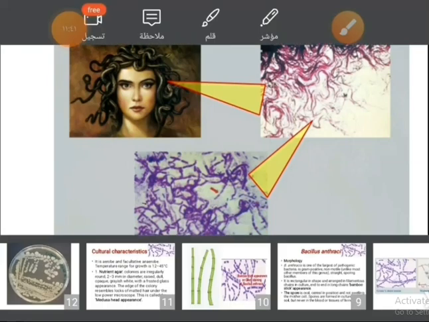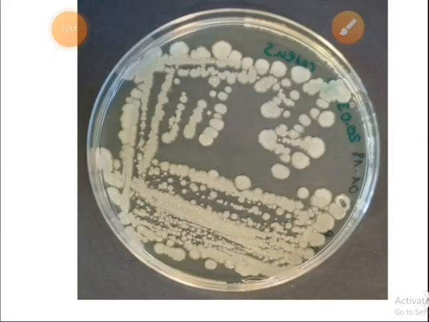So the colonies are irregularly round, 2 to 3 millimeters in diameter. As we see, the colonies are larger than those seen in Streptococcus and Staphylococcus: raised, dull, opaque, grayish white, and having a frosted glass appearance.